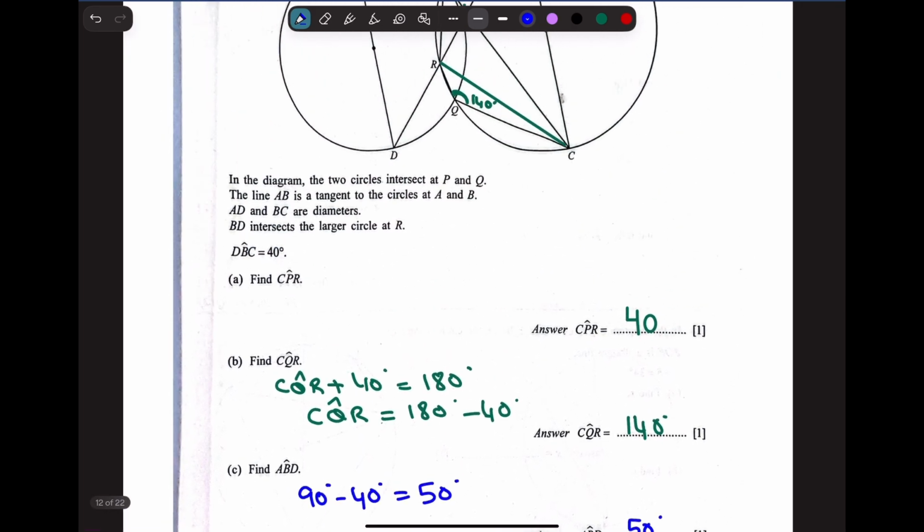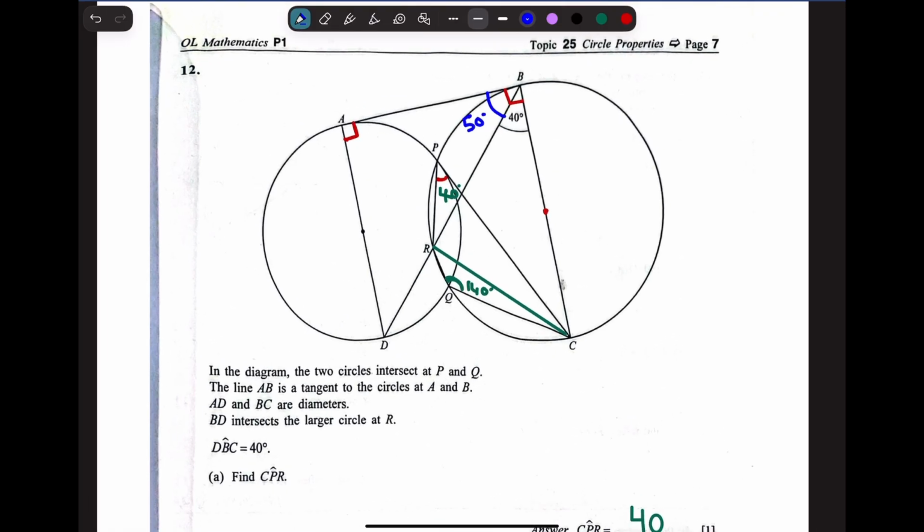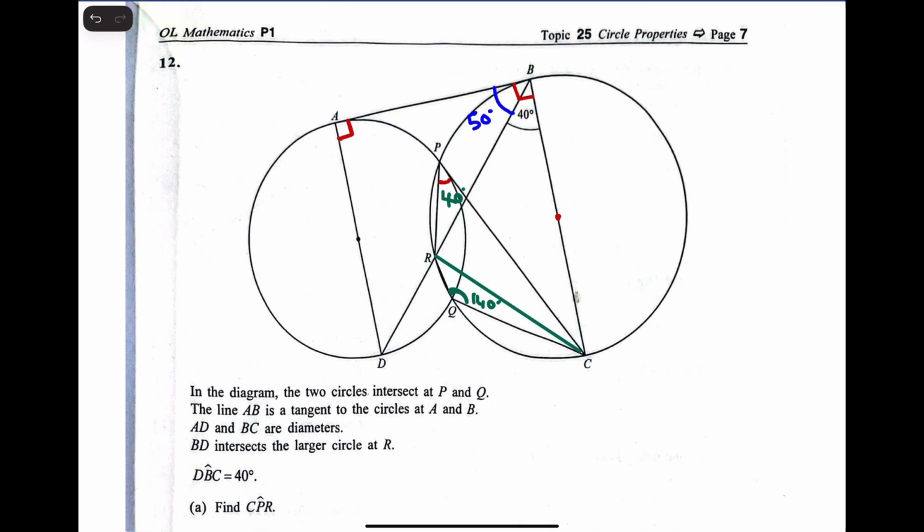Last, we need to find angle ADB. Again, very simple. If we focus on triangle ABD, we know that this is 90 and this is 50.